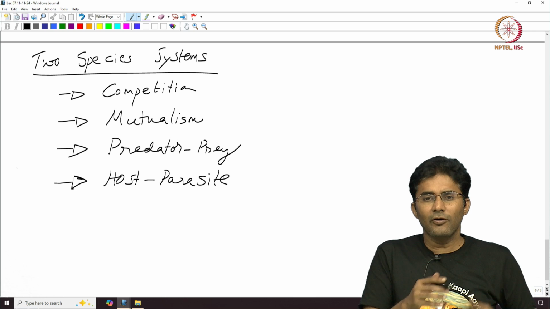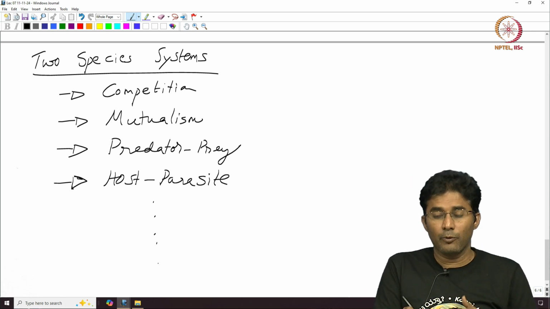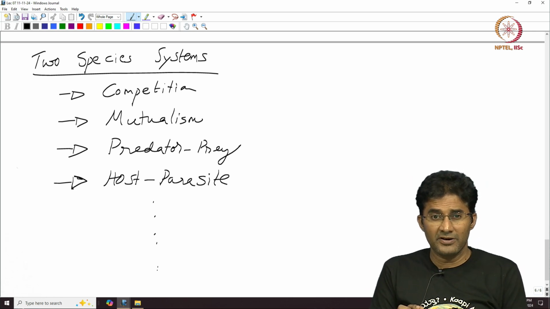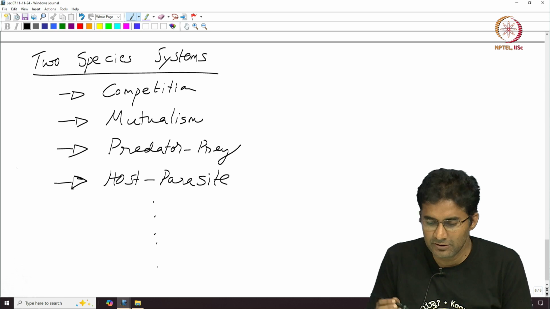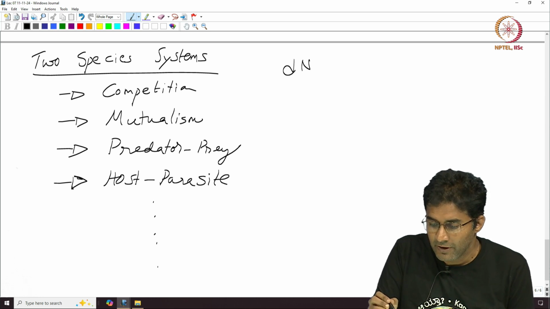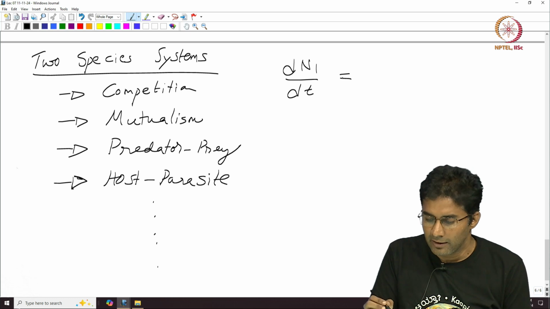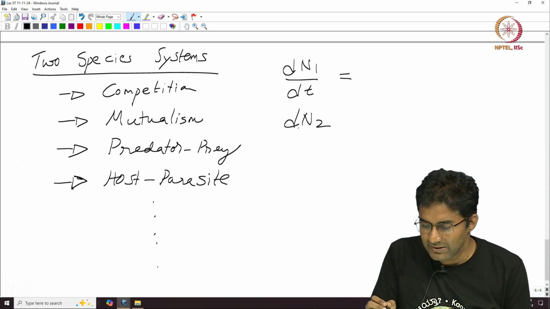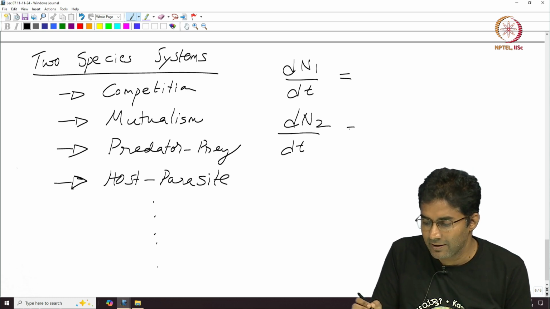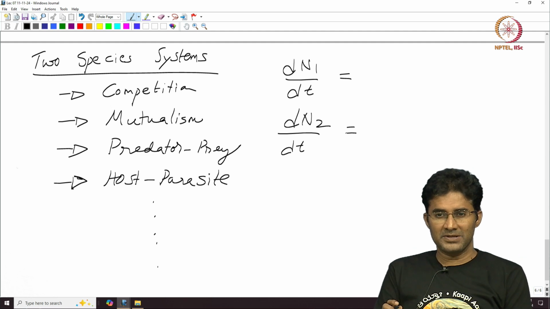To study any of these types of interactions, and there are of course many more, we now need to write down equations of the form: how does species 1 change with time and how does species 2 change with time, what is the growth rate for species 1 and what is the growth rate for species 2.